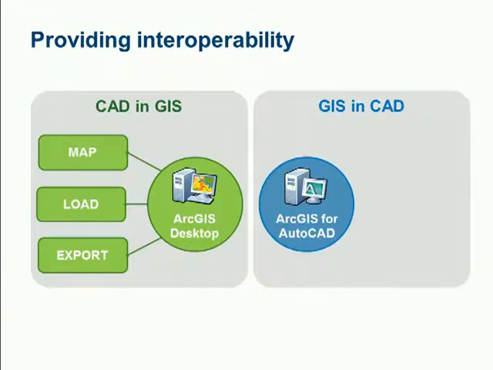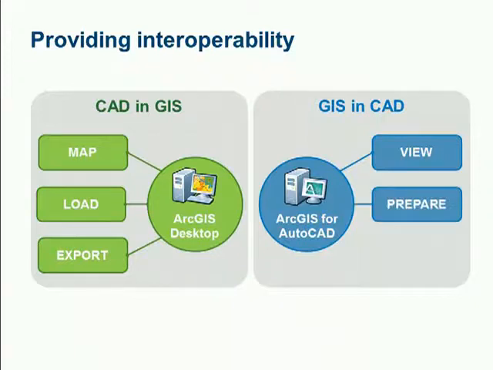Now, approaching this from the other direction, we can use ArcGIS for AutoCAD to bring GIS into CAD. Using the plugin, you will be able to view GIS content from within AutoCAD. This data can range from aerial photographs to online base maps to your own organization's data. You can also improve the use of CAD drawings when interpreted by the GIS.